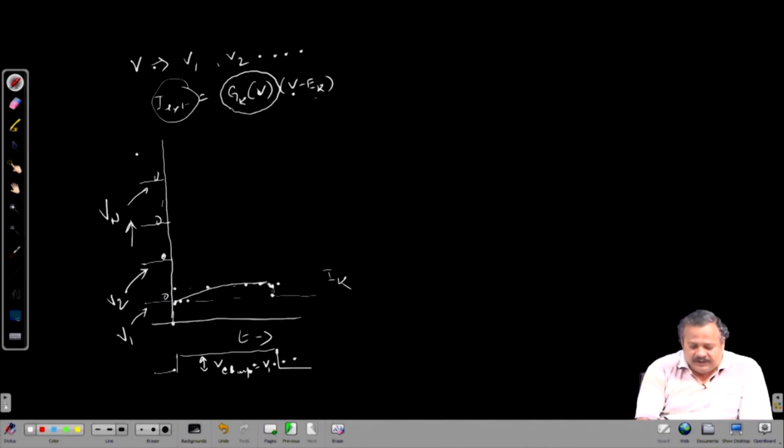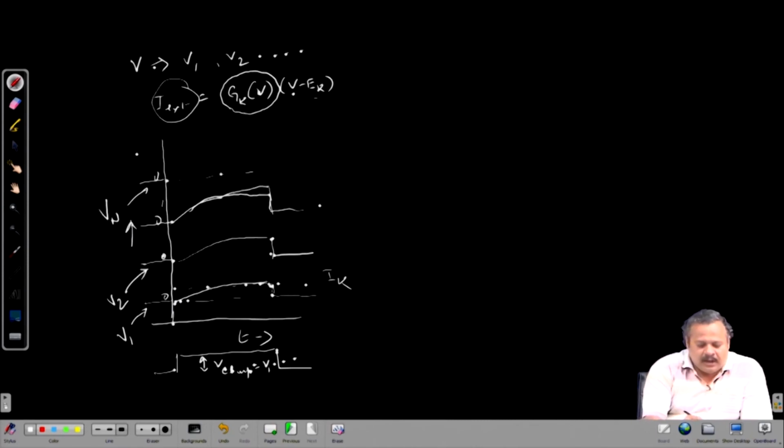This is for V1. Now, if we increase the voltage to some other value, we will see that it increases more. Then in the next case, it rises to a high value even faster, and to a larger value too, and then an even larger value and drops back.